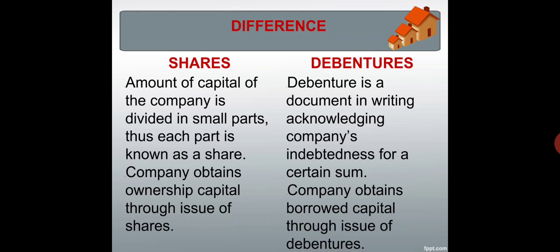In the previous session we also discussed shares, that is equity shares and preference shares. So I think you are all clear about both terms, both sources of finance, that is shares and debentures.